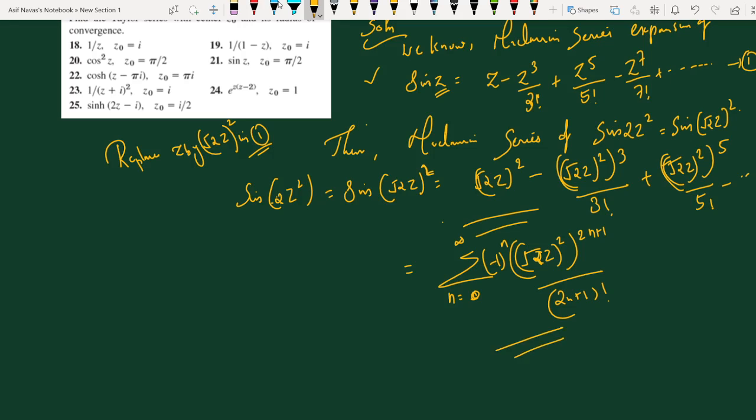So this is the Maclaurin series of sin 2z square.